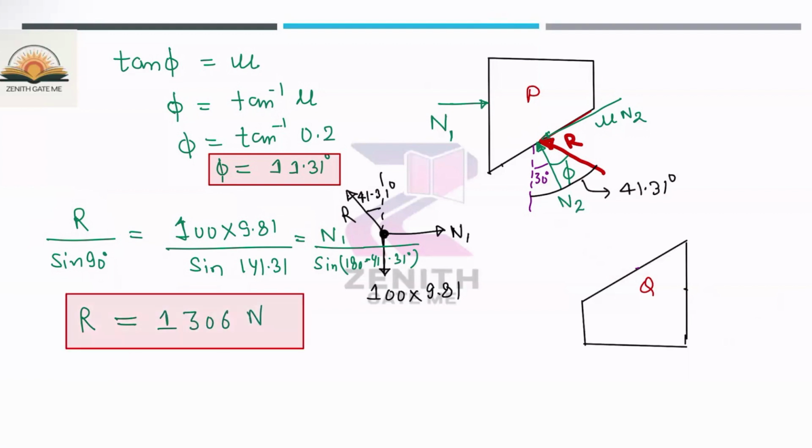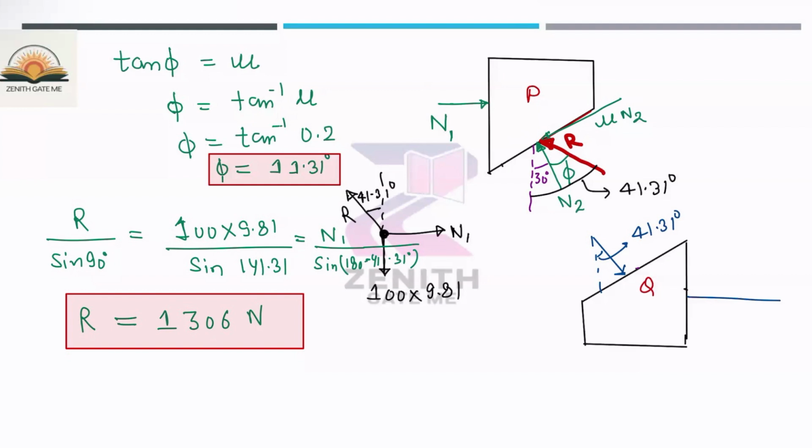Once you know the value of R, the same resultant force will act on this particular block, which is making an angle of 41.31 degrees.